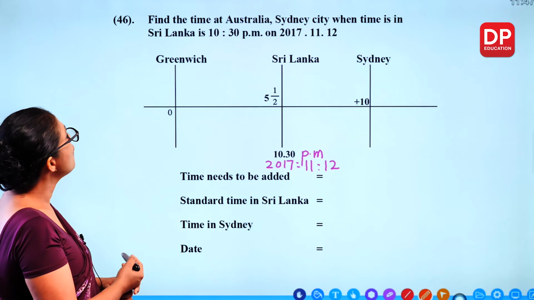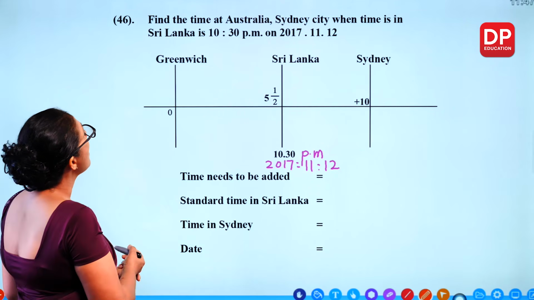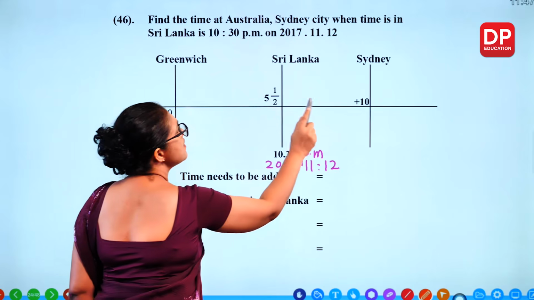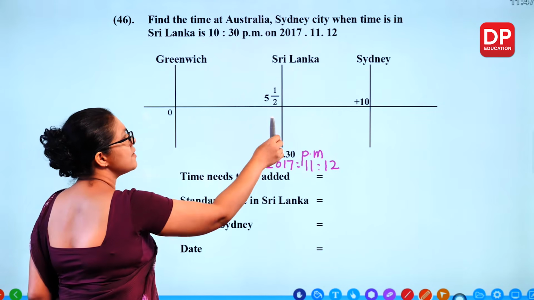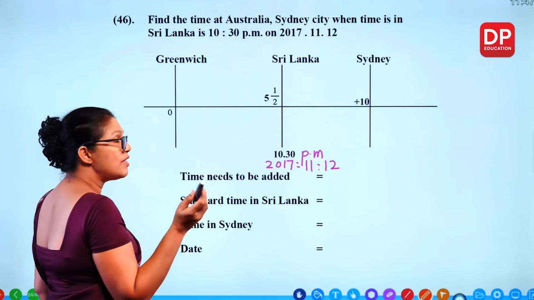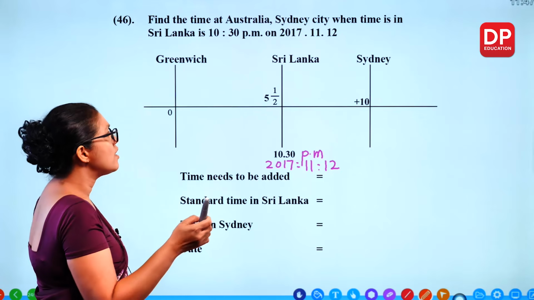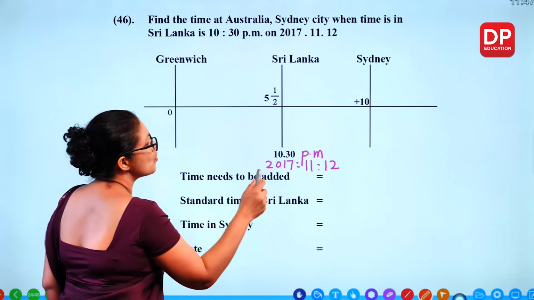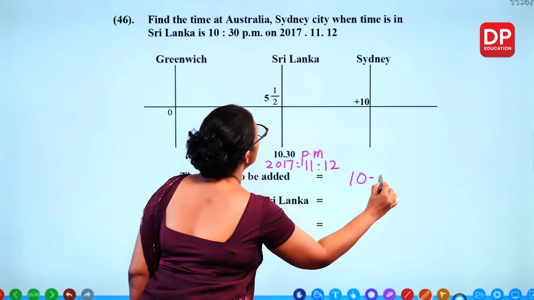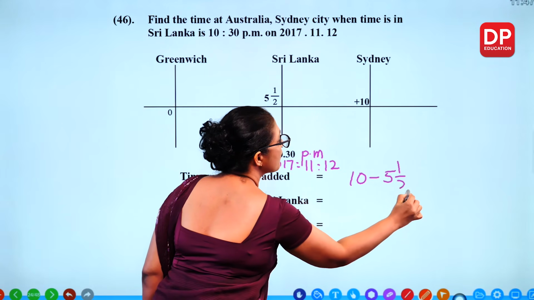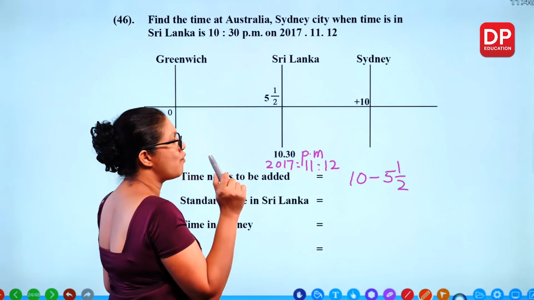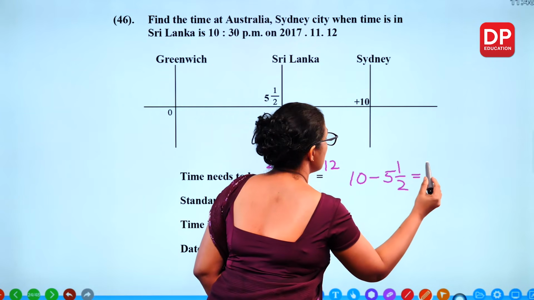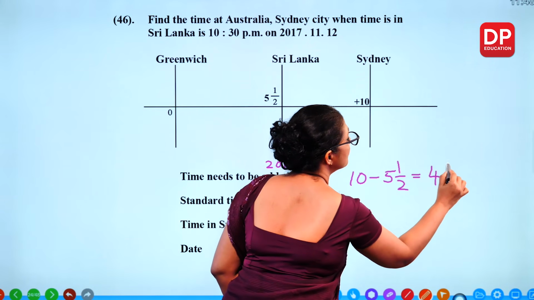Now you are asked to find the time in Sydney, Australia. So what's the difference? This is 5.5, the time given. This is 10. So you need to subtract: 10 minus 5.5 is 4.5.